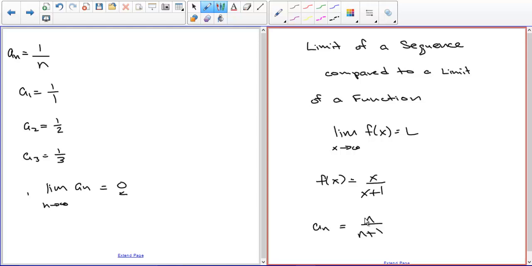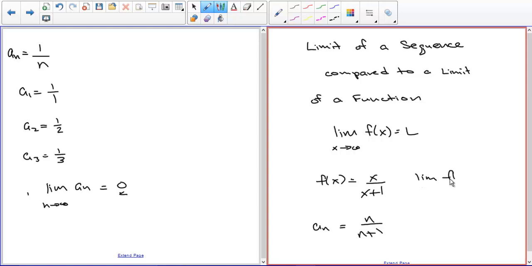What's the difference is that x can take on any value. It can be 1.6972. When you have a sequence, the values of n can only take on positive integers.